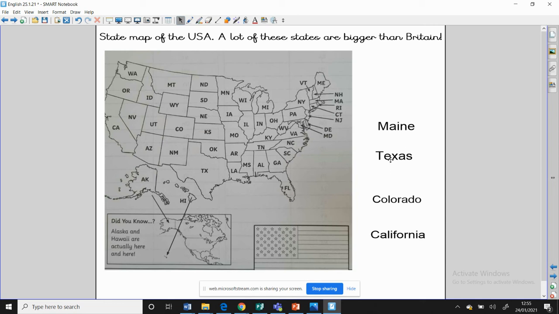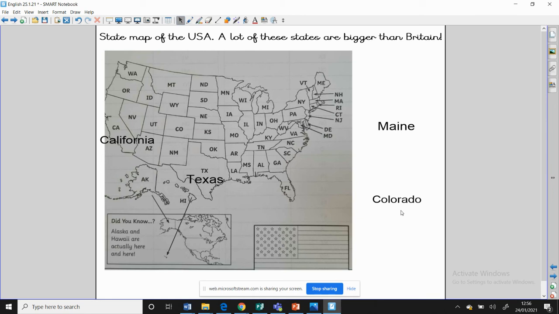Now, this is Texas we talked about before, and Texas belongs here with TX.